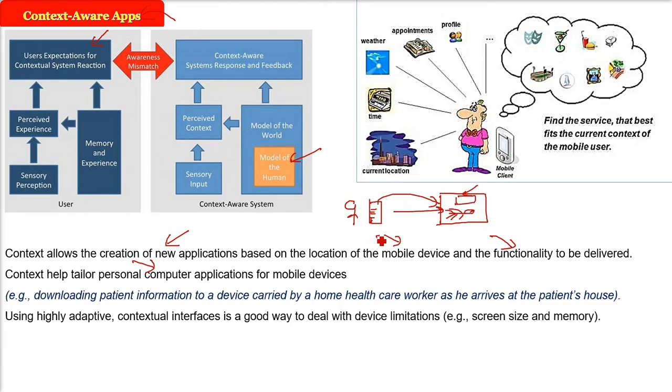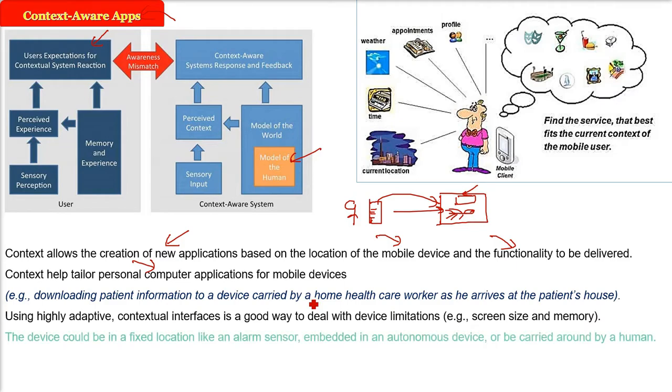So this is what I am talking about, context. Using highly adaptive contextual interfaces is always a good way to deal with device limitations, because the screen size is limited, the battery is limited, the memory is limited for mobile systems. So we want the app to be adaptive and contextual.